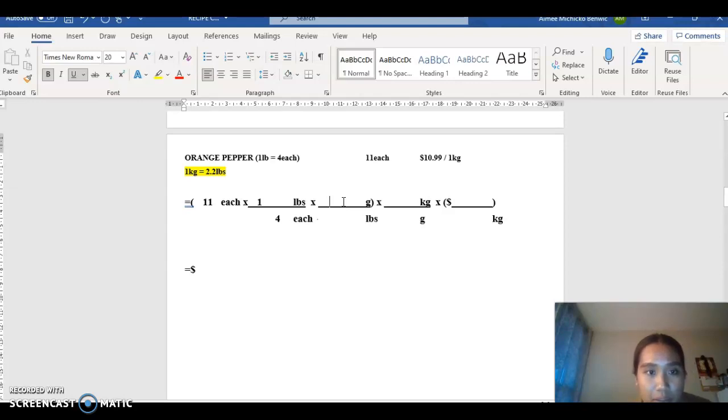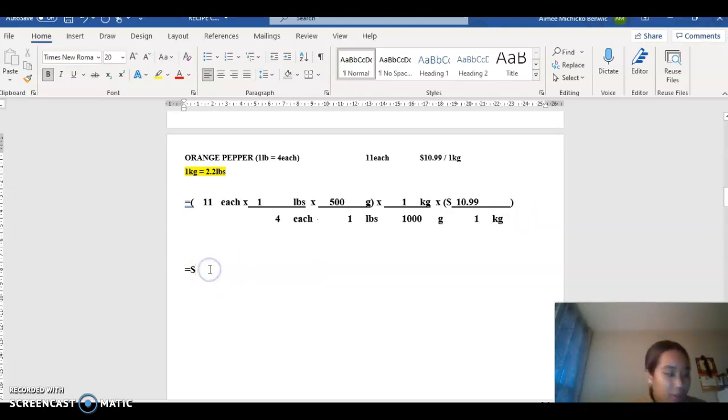So there's 500 grams in 1 pound, and in 1 kilogram there's 1,000 grams based on our conversion of units. So we're just gonna copy the price, $10.99 per 1 kilogram.